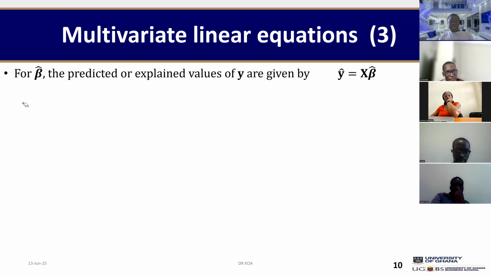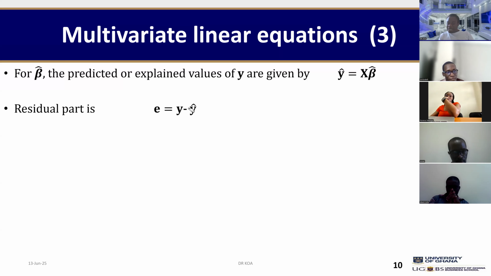Okay, so now if you have the beta cap, the predicted value, or the explained values of y, can now be given by this, because we can kill the error from here. Okay. And now remember, I'm trying to derive how we get a beta cap. The error is y minus the y cap, but in a matrix form.